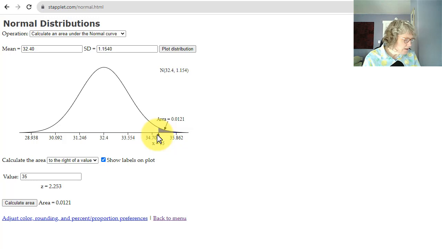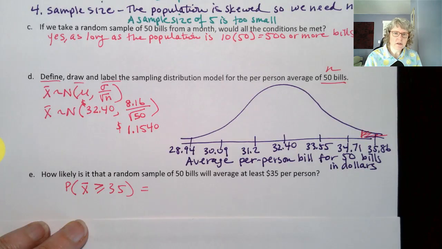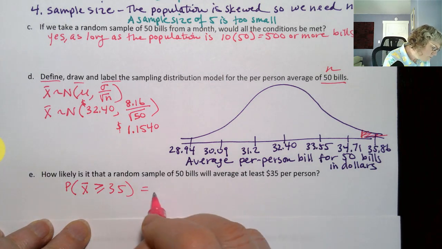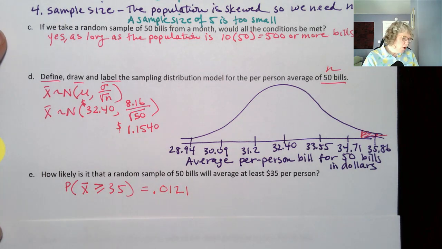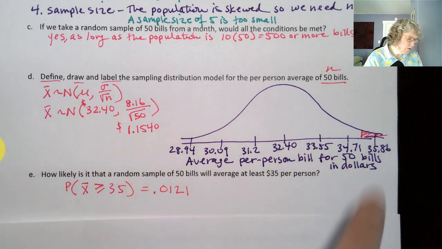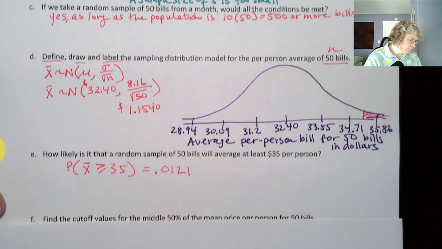So it said at least, which in real life would mean 35 or greater, but if it said greater than 35, it would be the same numerical answer. Okay, so our area of that is 0.0121. So pretty small chance that the average of 50 would be more than $35.